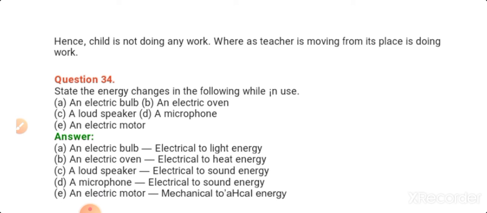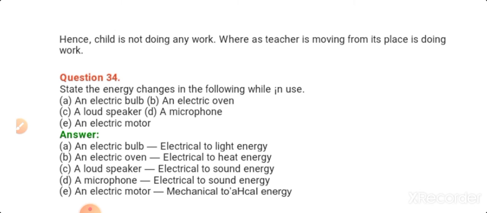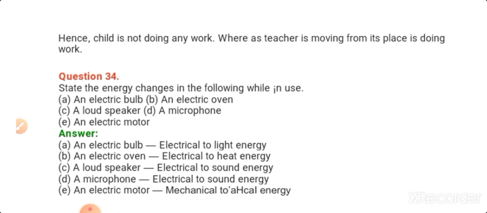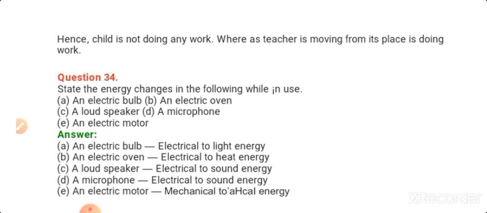Okay. Now coming to the last question answer of the session, that is, state the energy changes in the following while in use. See, here only 3 or 4 or 5 are given. So many examples are there in your textbook. Anything can come for the exam. So according to what is there in the question, we can solve it. Electric bulb, electrical energy to light energy. Second one, electric oven, electrical energy to heat energy.